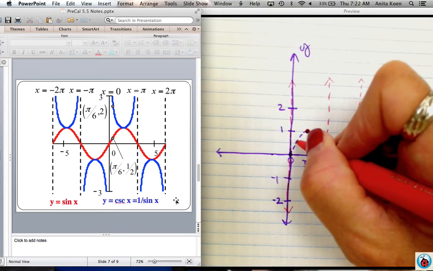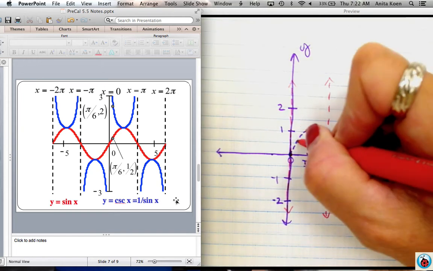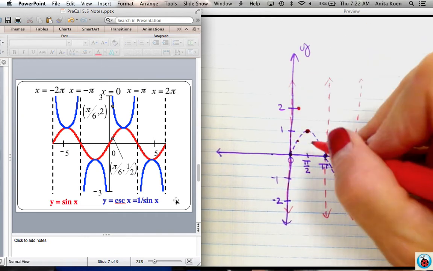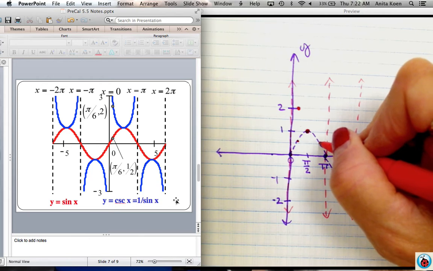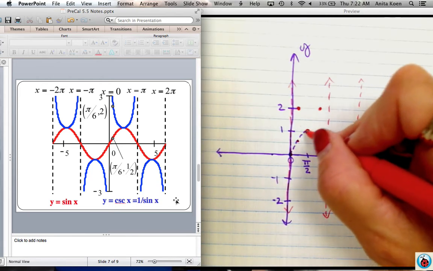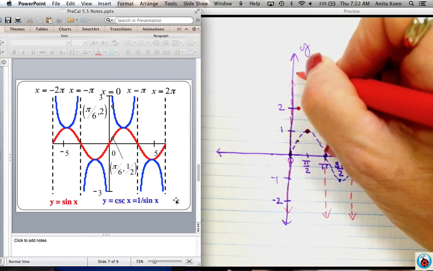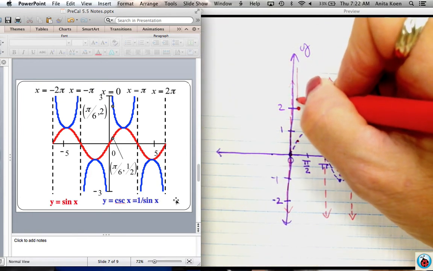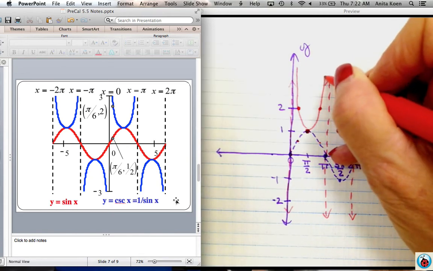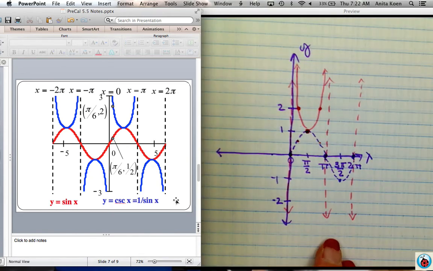If I came in here and found a value of 1/2 and took its reciprocal, it would flip up here and be 2. There's another value of 1/2, it would flip up and be 2. So what's going to happen is this shape is going to have a U shape that approaches these asymptotes.